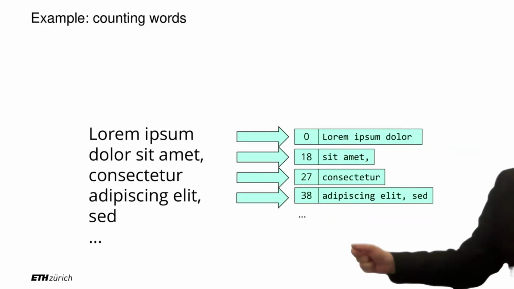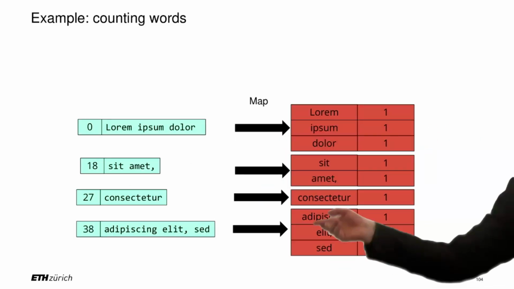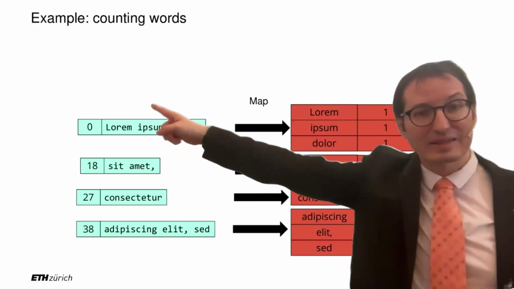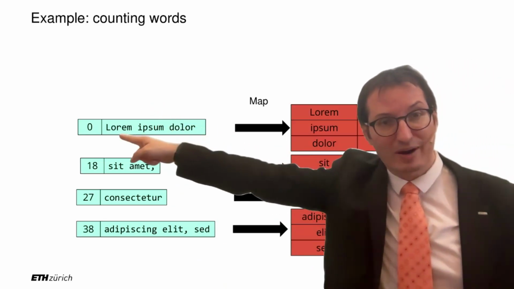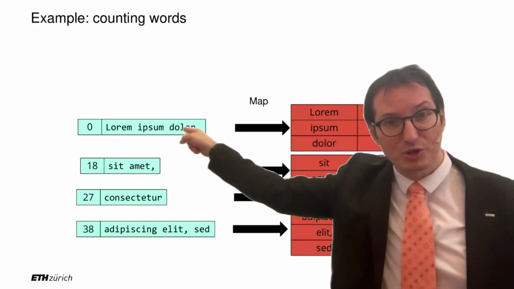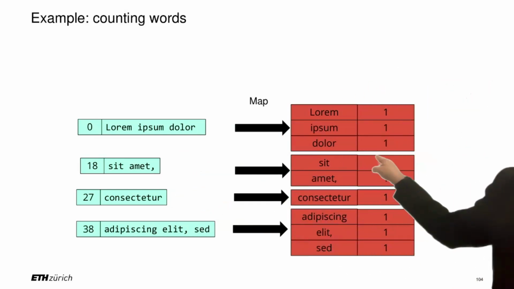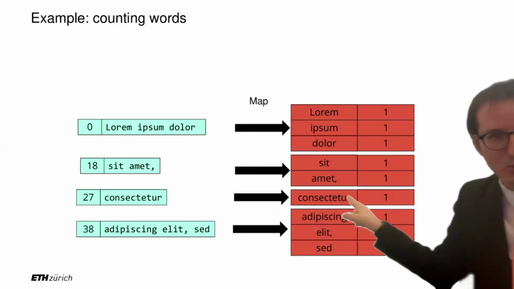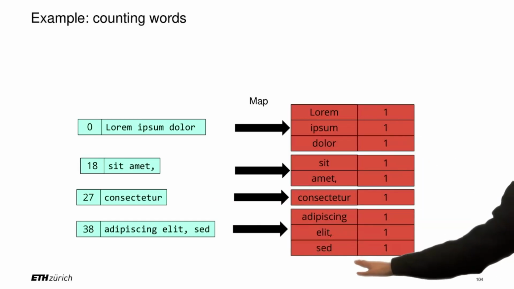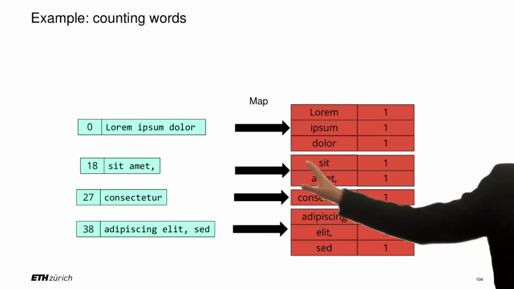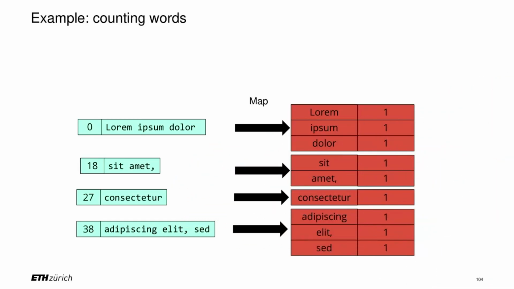So that's it. And now I'm going to have a map function that counts the words. For example, here I have once lorem, once ipsum, 1. So I'm creating my pairs in here. Here I have sit and amet, 1, 1, and so on, right? So I create, that's my map function, right? That maps this to this, very similar to the Pokemons, actually.